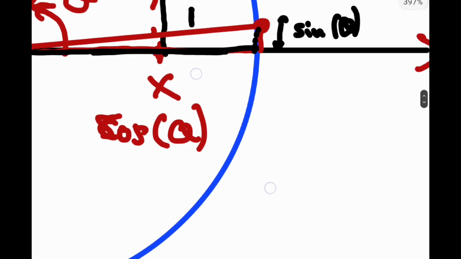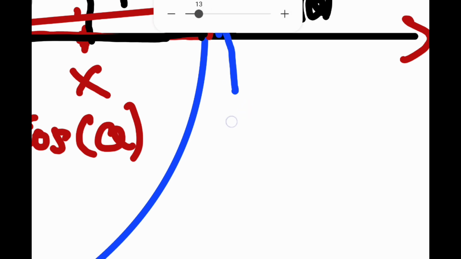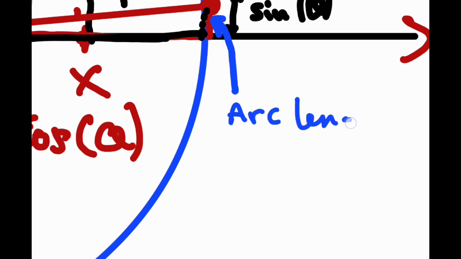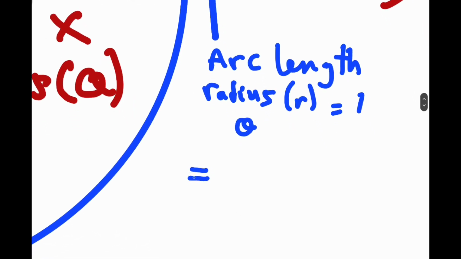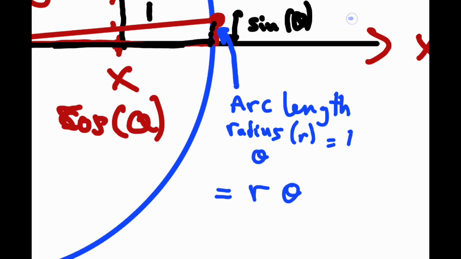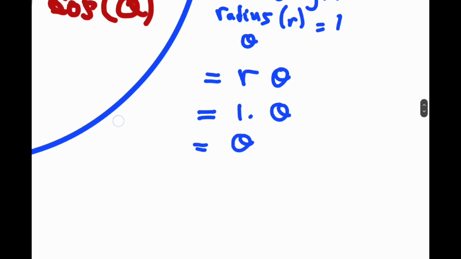However, if we look carefully, this is just the arc length when the radius is 1 and the angle is theta. We know that the arc length is equal to r times theta. So if the height is represented also by sine theta, when theta is so small, close to 0, we know that the arc length is equal to sine theta.